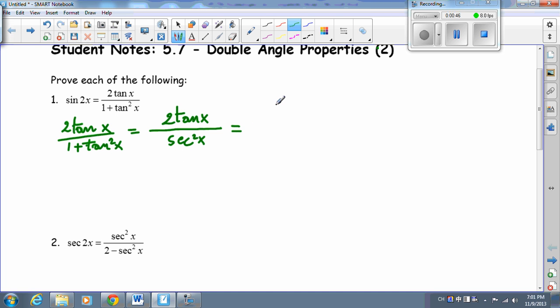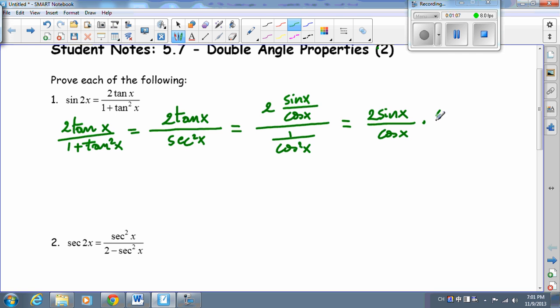So this is equal to 2 times sine of x over cosine of x, that I divide by 1 over the cosine squared of x. If I apply my copy change flip, I will have 2 sine x over cosine x times cosine squared of x over 1, because I flipped this one.